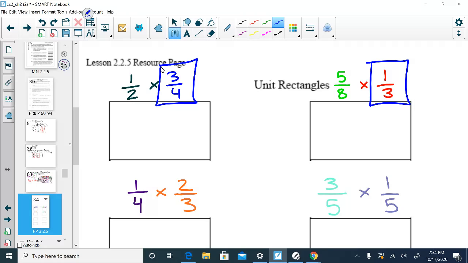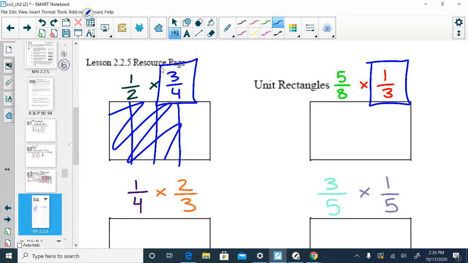So let's start off by drawing our 3/4 vertically. And then I'm going to shade 3/4. And now we need to show 1/2 of 3/4. And so I'm going to break this entire thing into two halves, and I'm going to shade 1/2 of it.